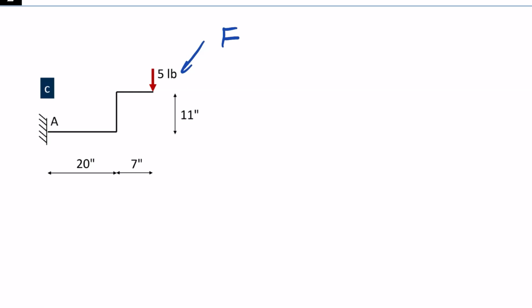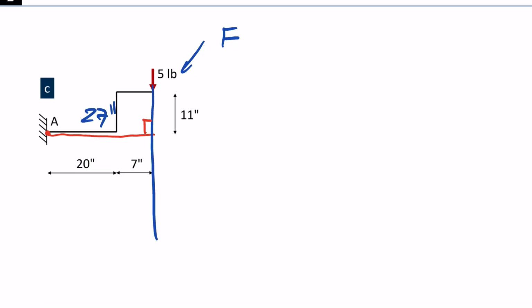First, you put your pencil on the rotation point, A, and then you draw a line that is perpendicular to the force. If the force is too short, then you can just extend it. Then the perpendicular distance is the red line over here. How long is that one? That one is 27 inches.